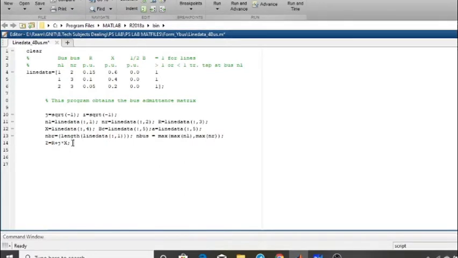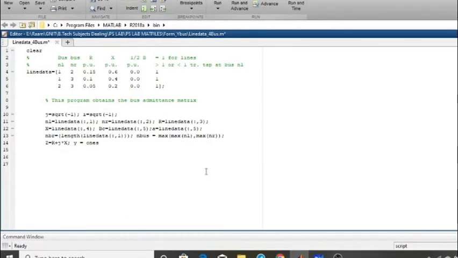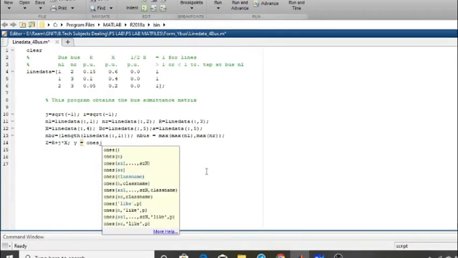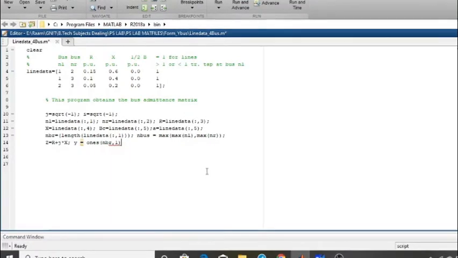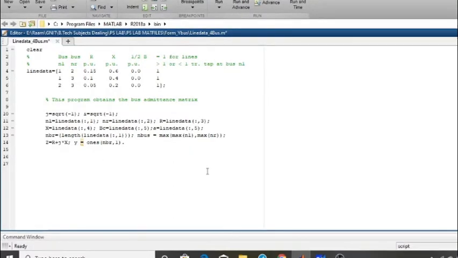After calculating the impedance of each transmission line, Y is equal to ones, all ones, for as many transmission lines as there are, that is NBR. After that we require 1 by Z, so dot divide.